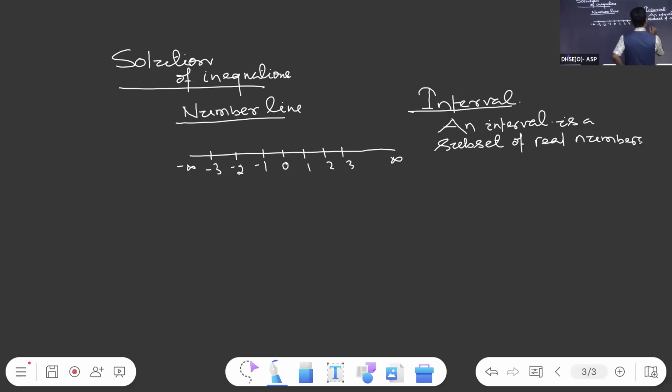Intervals are of three types: open interval, closed interval, semi-open or semi-closed interval.